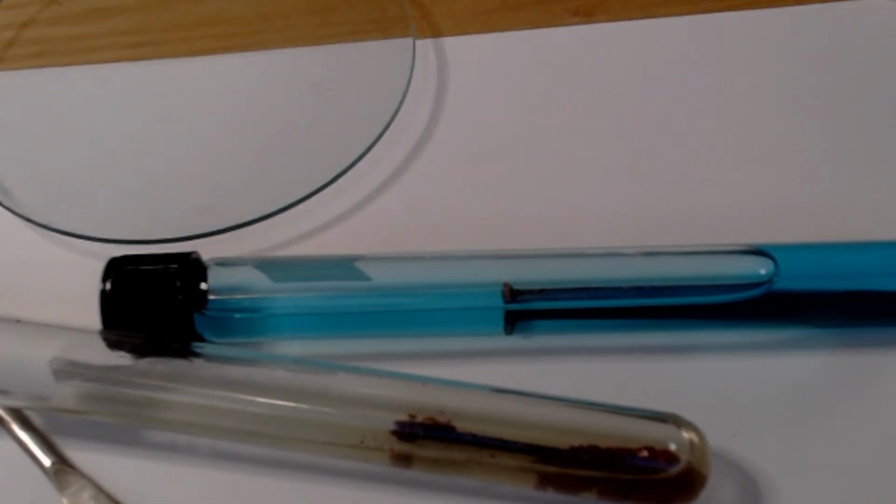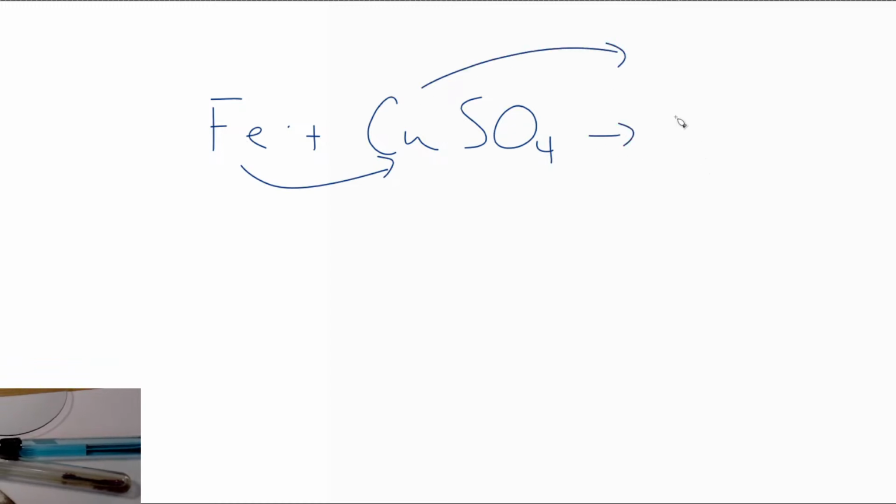Let me show you what it looks like here in the chemistry, just so you understand this single replacement really well. So we have our iron, that's our nail, and we add our copper sulfate, that's the blue solution. And the copper is what's making it blue. So when the iron pushes the copper out, you end up with copper all by itself, plus the iron sulfate.